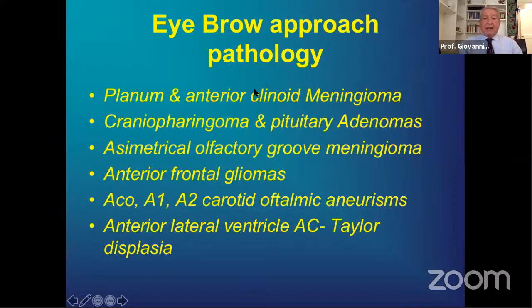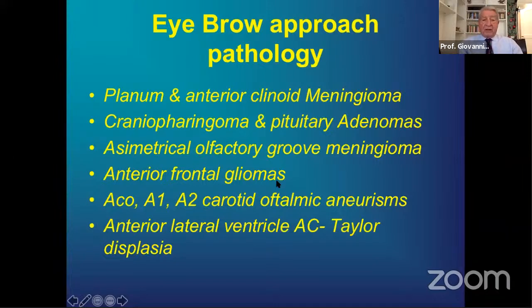So the pathology that can be reached: the planum and clinoid meningioma, the craniopharyngioma and the adenomas. The meningioma of the olfactory groove has to be a little bit asymmetric because you make a demolition of the crista galli or you have some difficulties to reach the bottom of the olfactory groove.